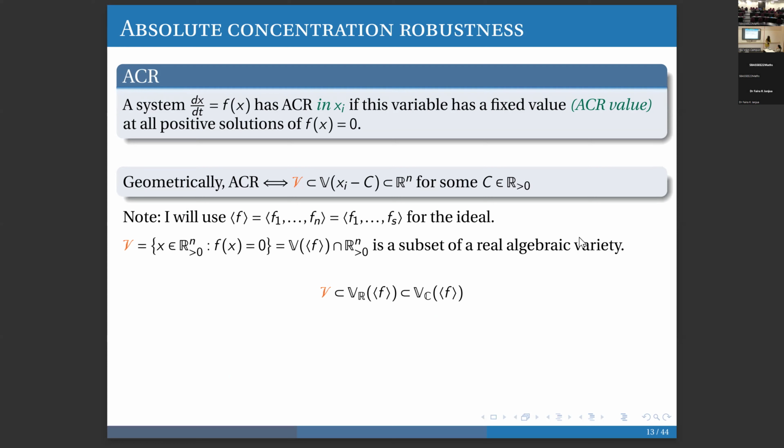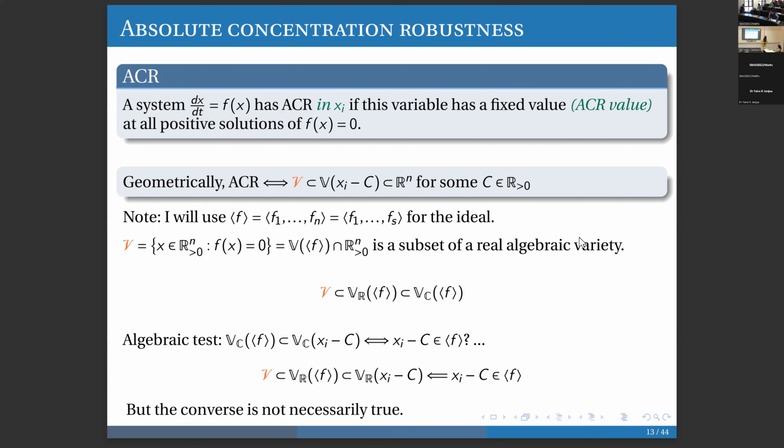And then the set of positive steady states is contained in the set of the real steady states, which is itself contained in the complex variety. And if I try an algebraic test, as I saw in the examples, I could think, if I find a polynomial like this in the ideal, just xi minus a constant, then I know that all points satisfy this equation, complex, real, everything. But the converse is not true, because I still have.